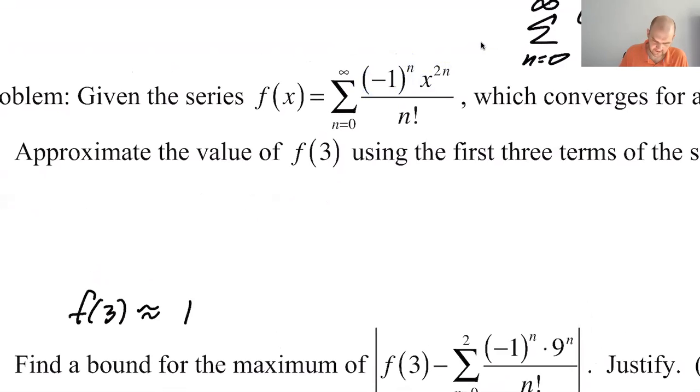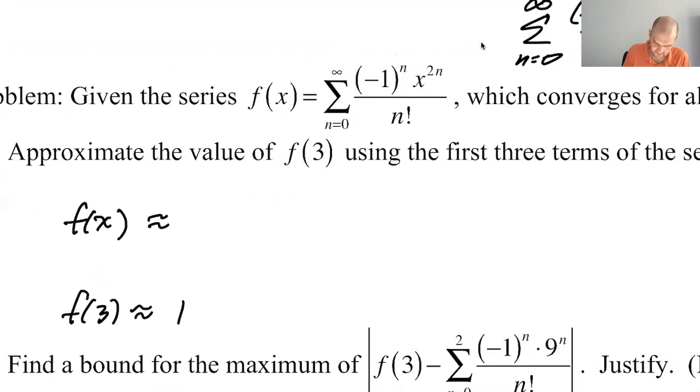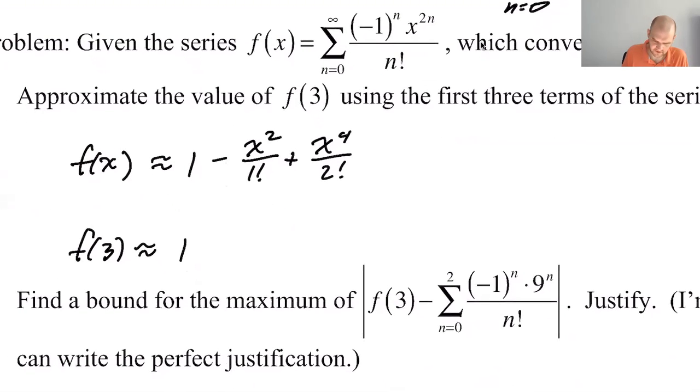Let's write it out. f of x is approximately 1 minus x squared over 1 factorial plus x to the 4th over 2 factorial. Okay, good. And now we're going to plug in 3. So minus 3 squared over 1 factorial plus 3 to the 4th over 2 factorial, sorry. I got caught up in the exponent there.